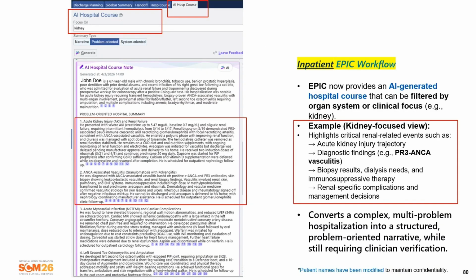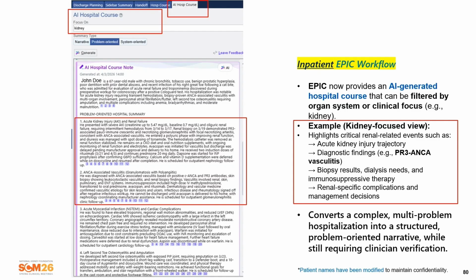So now I'm gonna go to the hospital. When we get a consult, sometimes it's hard to understand why they consulted us, and it took me a lot of time to look through the chart.